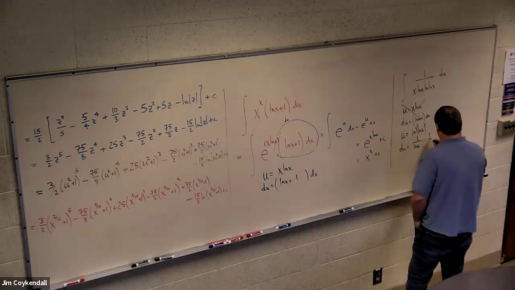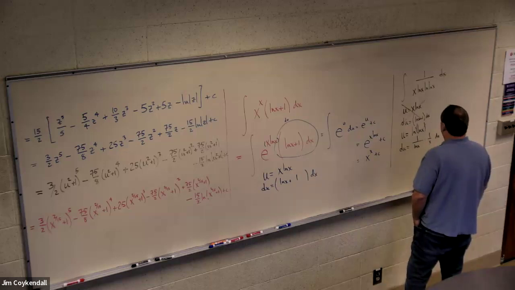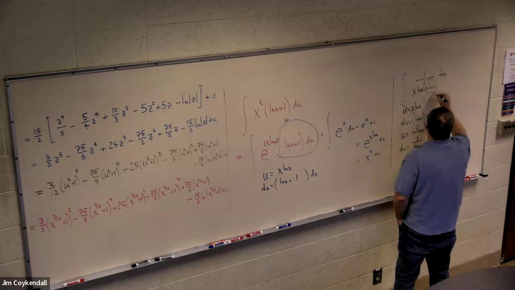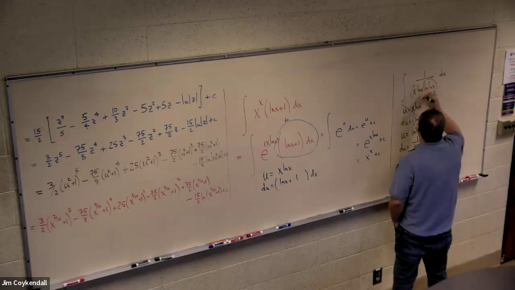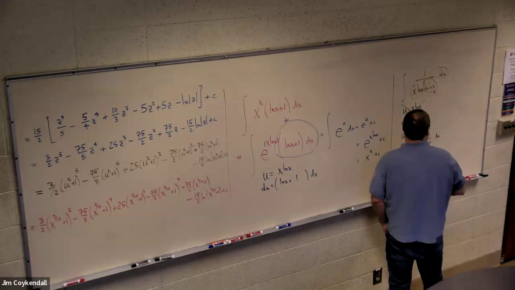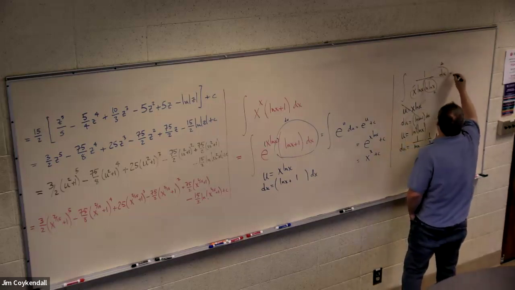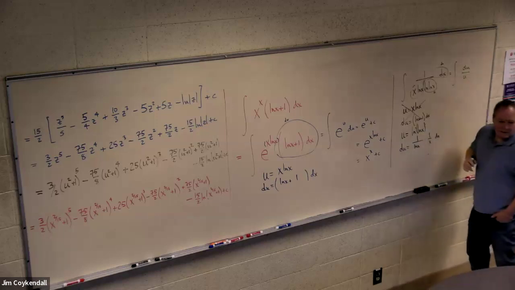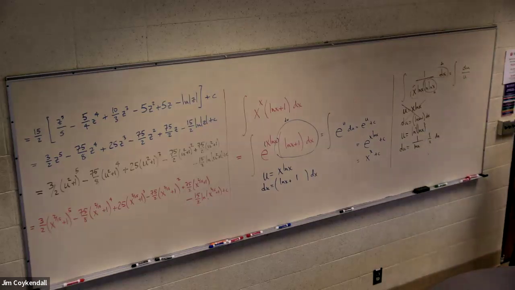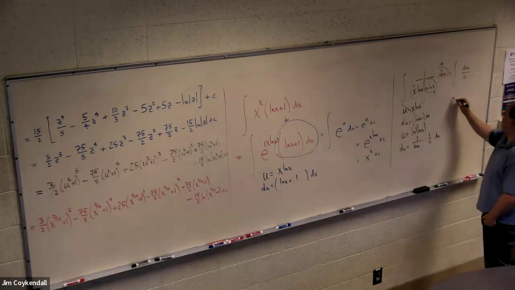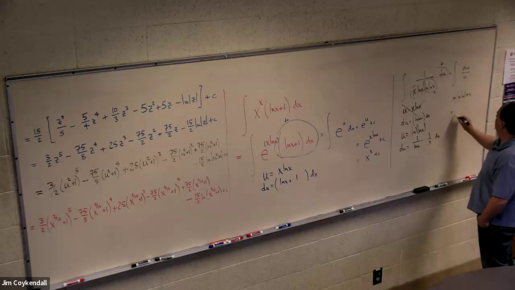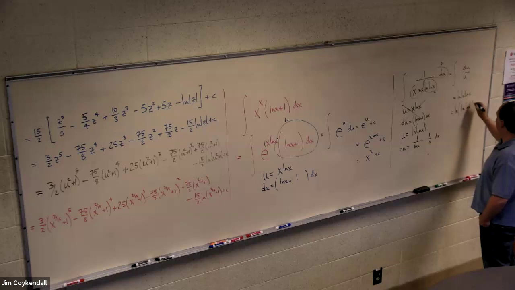One over x, then dx. Oh my goodness. So what have we got? It's u in the bottom, and it's dx. The antiderivative of one over u is log absolute value of u, so I get log absolute value log x.